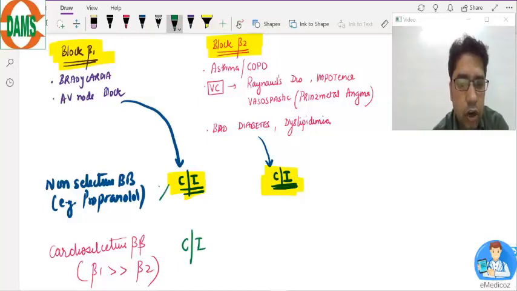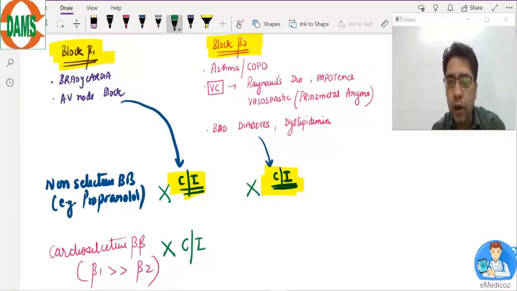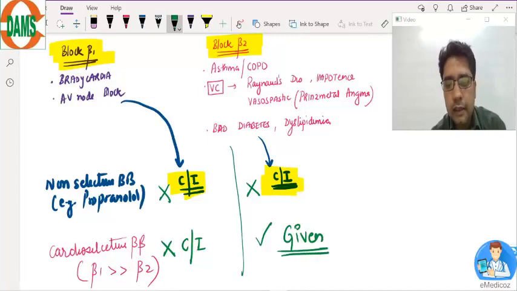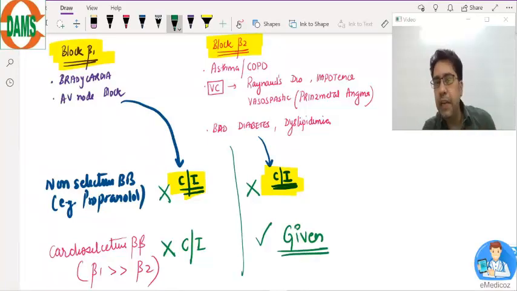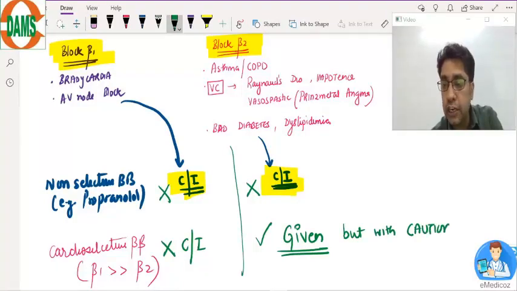They are contraindicated in bradycardia and AV node block. But they can be given in asthma, COPD, Raynaud's disease, diabetes and dyslipidemia, but with caution. So you have to monitor them.